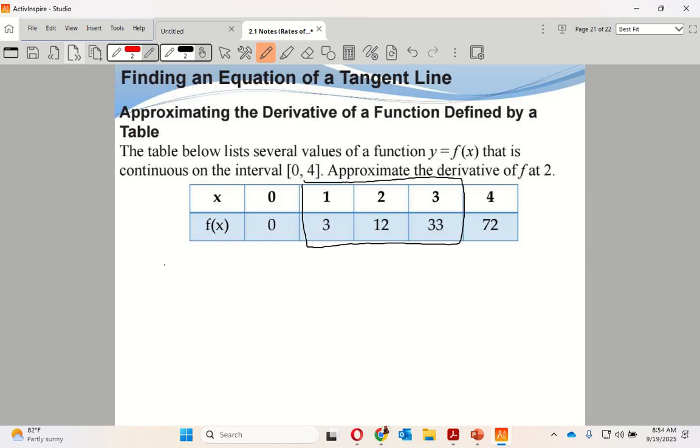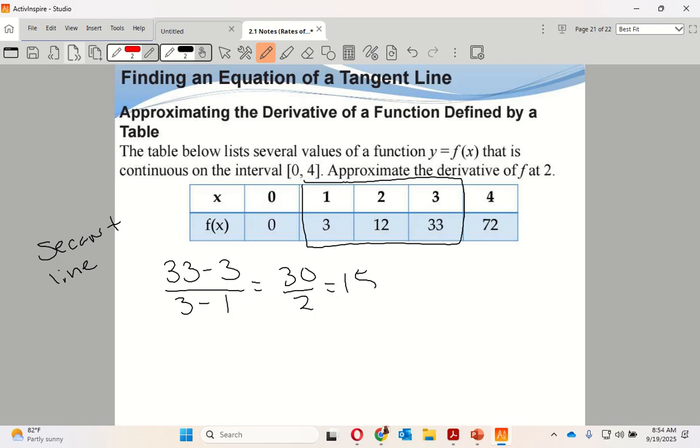So I'm going to do 33 minus 3 over 3 minus 1. So I get 30 over 2, 15.